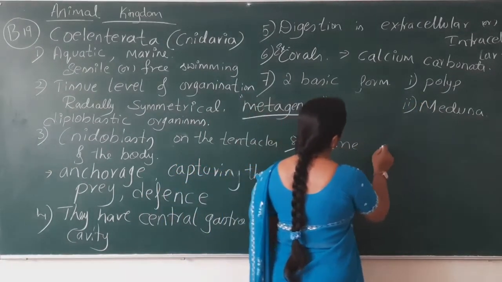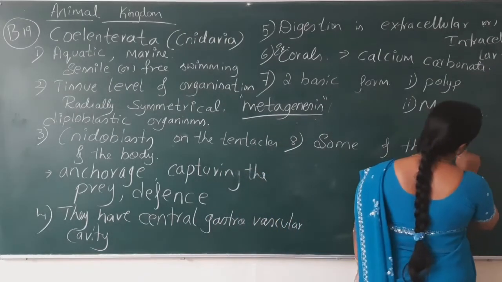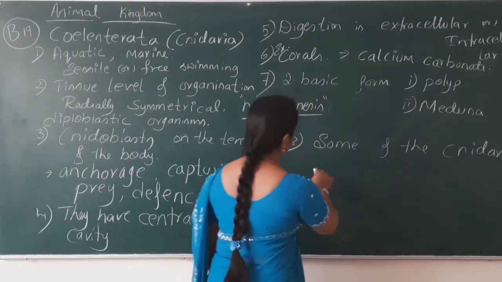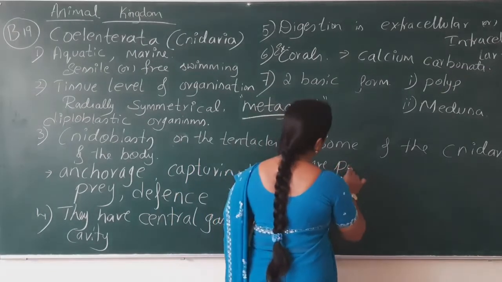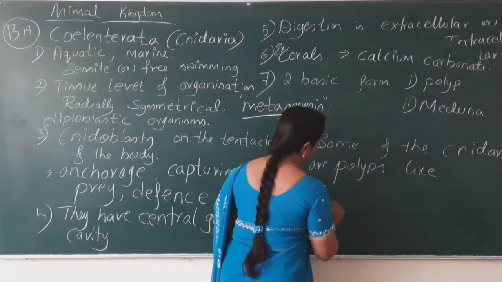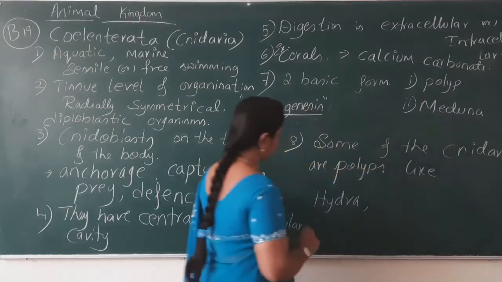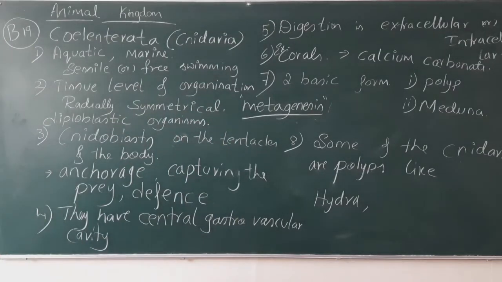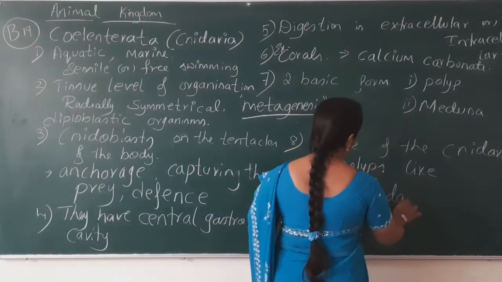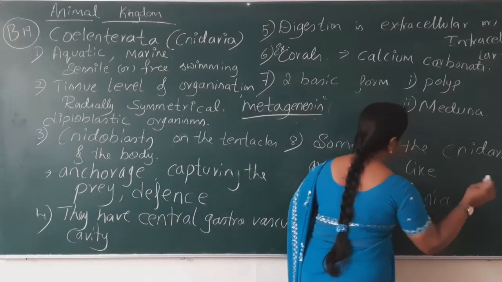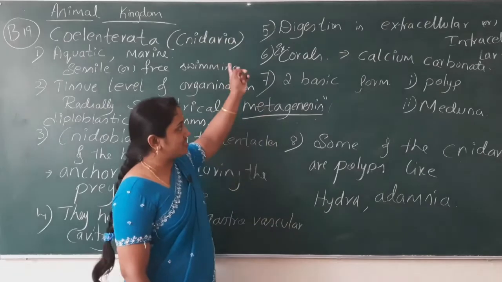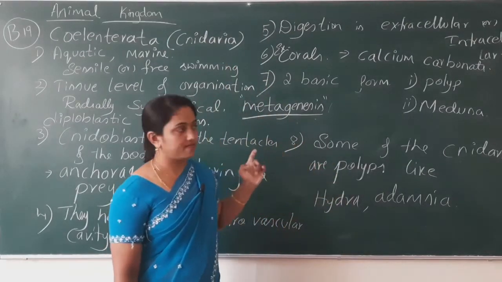Some of the cnidarians are polyps, like Hydra and Adamsia, not Obelia, Adamsia. Hydra and Adamsia are cnidarian animals.